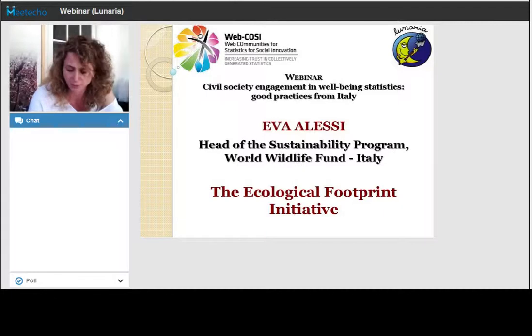In a business as usual scenario, the global extraction of natural resources could further grow by more than 50% by 2030 compared to today's situation, and humanity's demand for ecological assets could be equal to 2 Earths slightly after 2030, 2 Earths, that's from the ecological footprint point of view. Up to 2/3 of the world population could experience water scarcity over the next few decades.